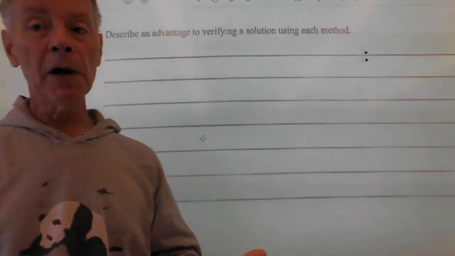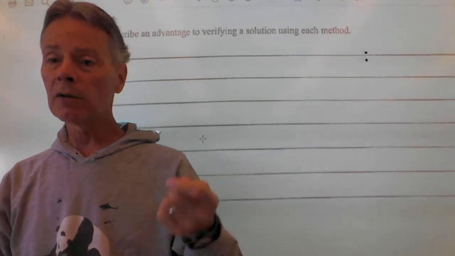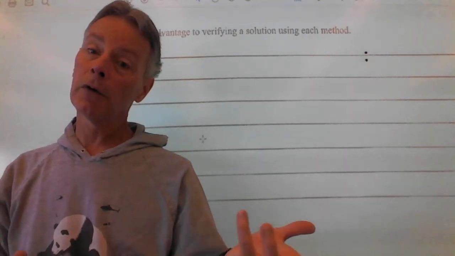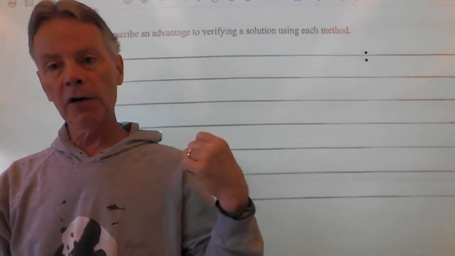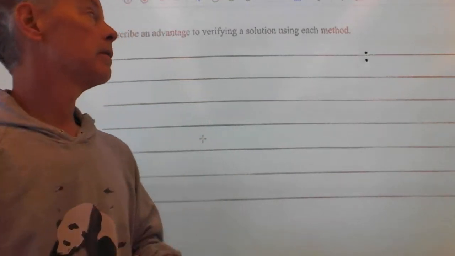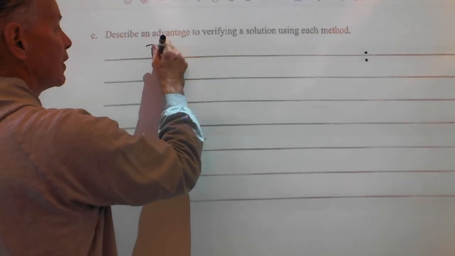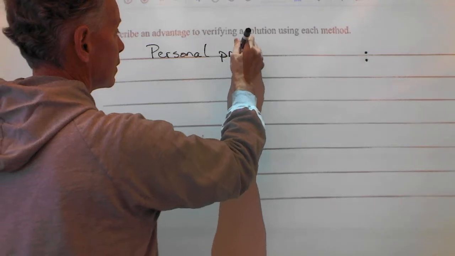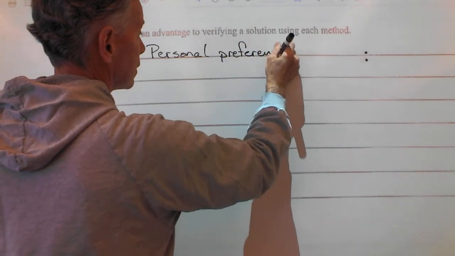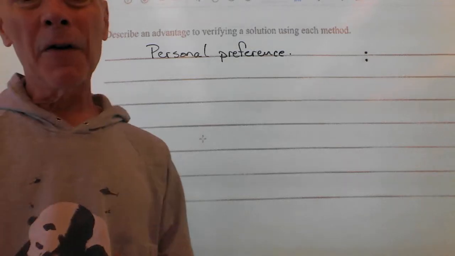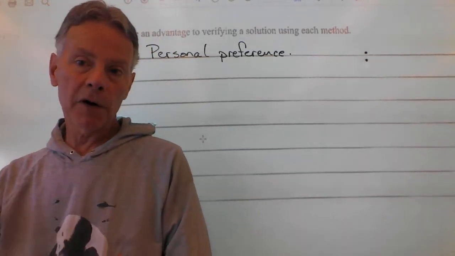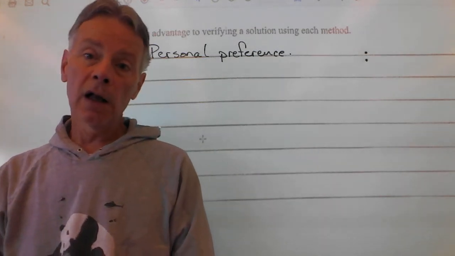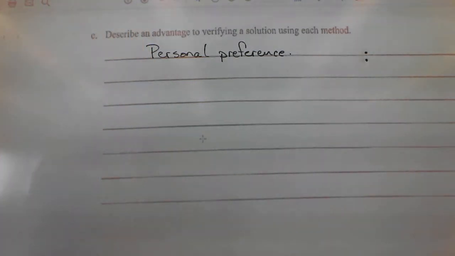Whereas the algebraic method, some people don't like algebra, they don't like plugging in, substituting values for variables, although if you aren't very good at that, that's going to make this chapter very, very difficult. Okay? So we're just going to say personal preference. I prefer doing it algebraically just because I'm comfortable with that, and that means I don't have to mess with a calculator or have any graph paper handy. Okay?